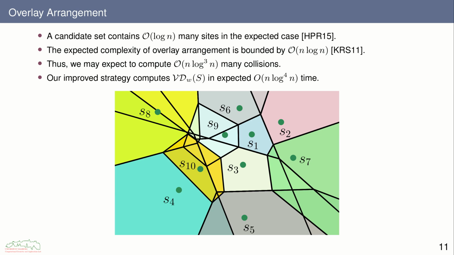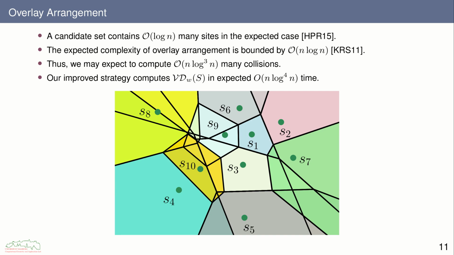Additionally, one may prove that a candidate set consists of at most log n many sites in the expected case. The expected complexity of the overlay arrangement is bounded by n log n. Thus, we may expect to compute n log to the power 3 n many collisions that may generate n log to the power 3 moving vertices.